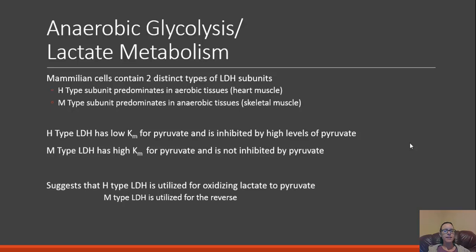This suggests that the H-type lactate dehydrogenase is utilized for oxidizing lactate to pyruvate in muscles such as the heart, and the M-type is utilized for converting pyruvate to lactate, because that's more necessary in skeletal muscles. That's just a side note. I wouldn't worry too much about it, but just for interest's sake and to tie some points together.